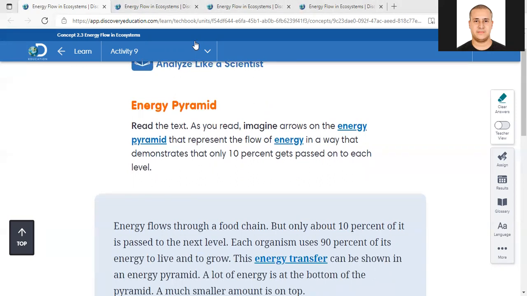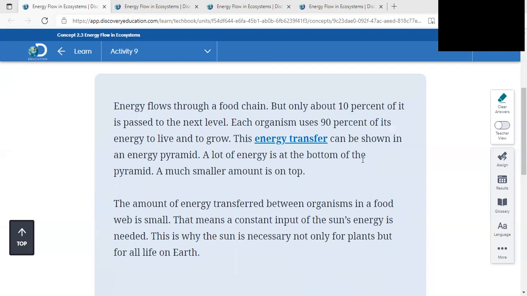Okay. Omar Mohammed? Yes, Mr. Read this paragraph, please. Energy flows through a food chain, but only 10% of it is passed to the next level. Each organism uses 90% of its energy to live and to grow. This energy transfer can be represented by an energy pyramid, with a lot of energy at the bottom and a much smaller amount on top.